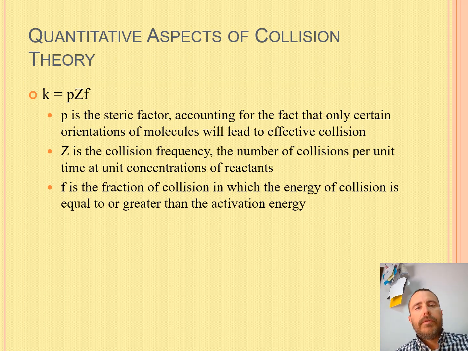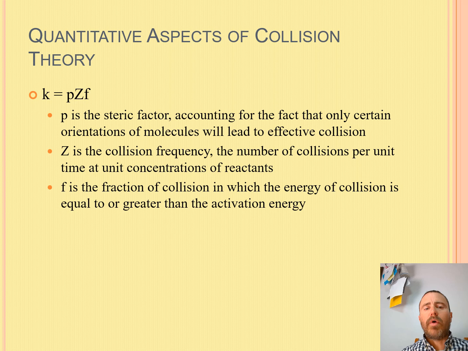Well, as we've been going through this chapter, you might have been asking yourself where this rate constant comes from. We've just been using it as some constant that is effective for one specific reaction. Well, there is a way of calculating that rate constant. And so we show that the rate constant is equal to P times Z times F. P is our steric factor.